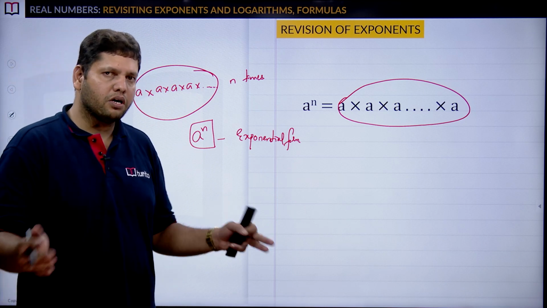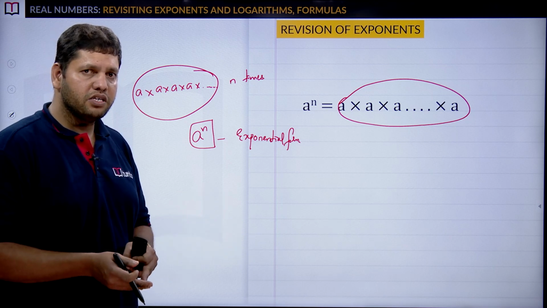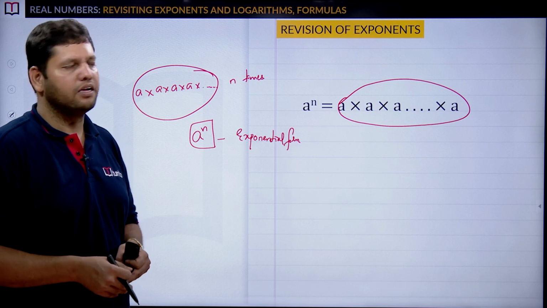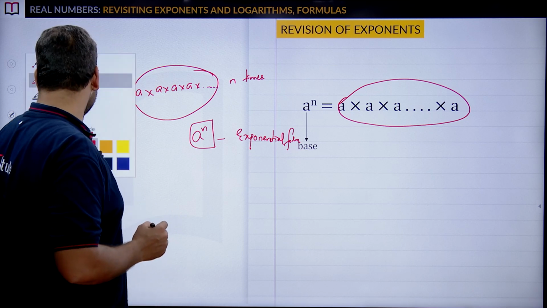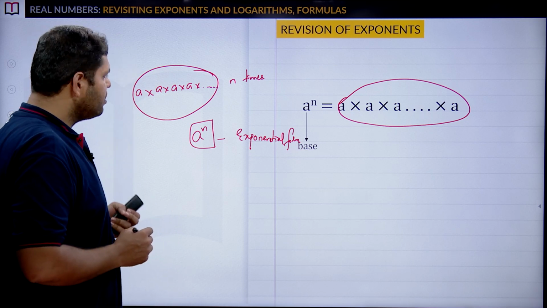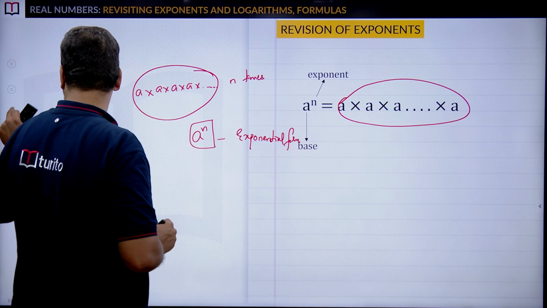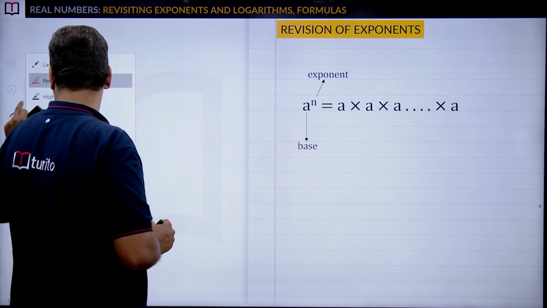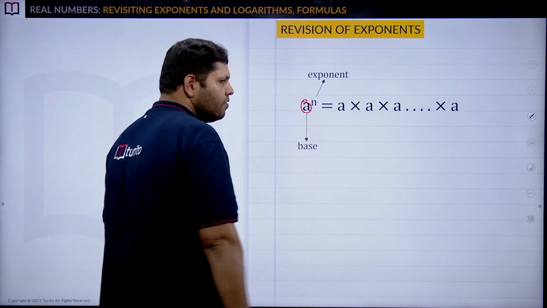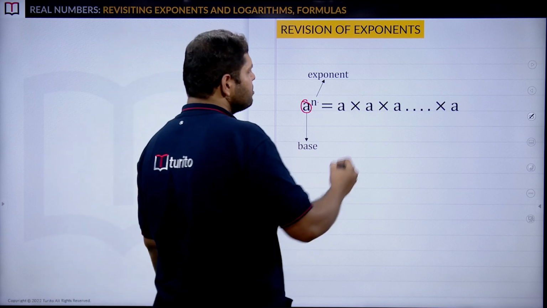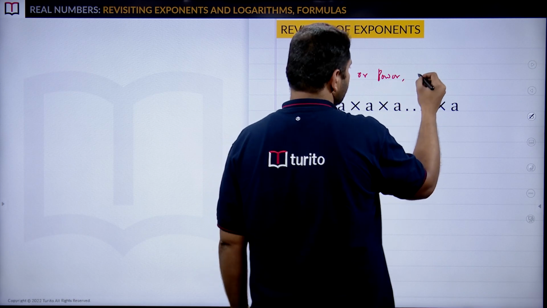That means the same product, the bigger multiplication, we are writing in short. That short notation is the exponential form. Here a to the power of n means a is called the base, and n is called the exponent, or power, or index also.